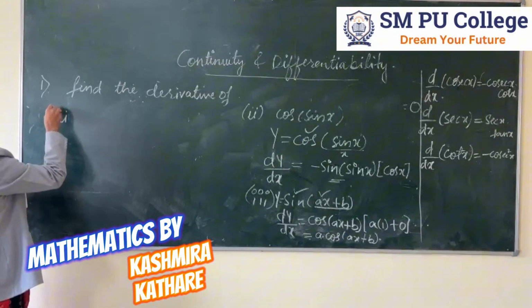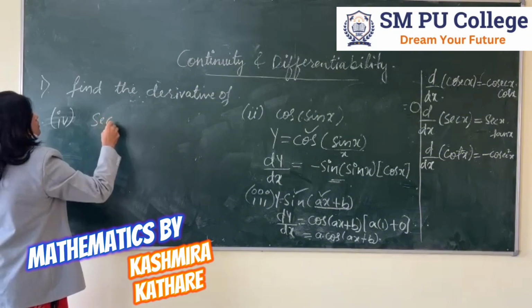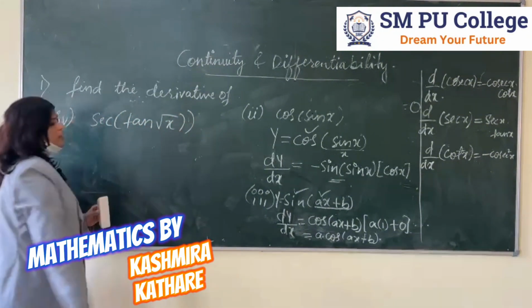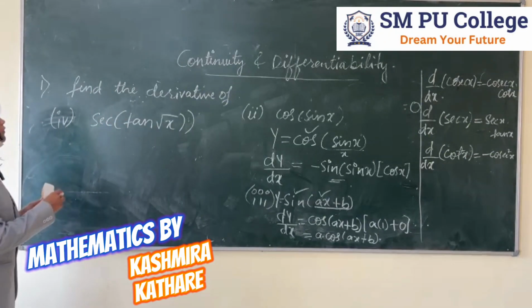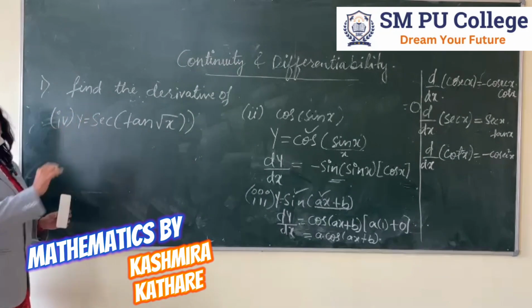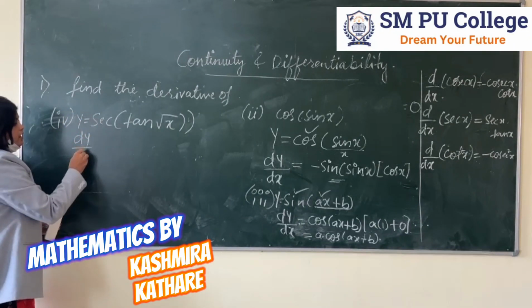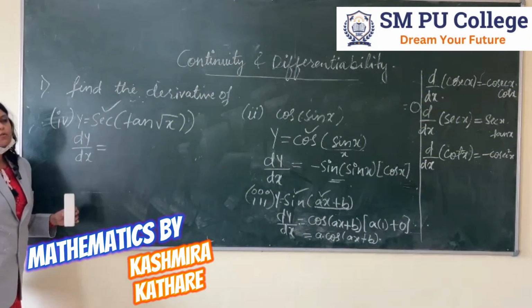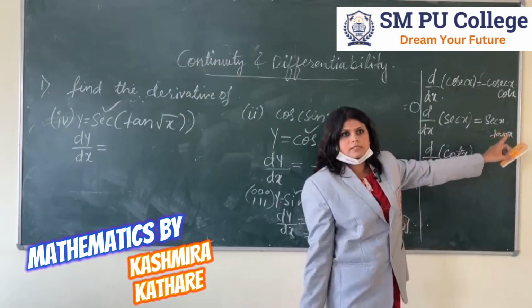The fourth one is sec of tan of root x. See, 3 brackets, 3 functions we have here back to back. So first we will denote it with y. What is the differentiation of y? Dy by dx. First we have to differentiate sec. What is the value of sec x? Sec x into tan x.